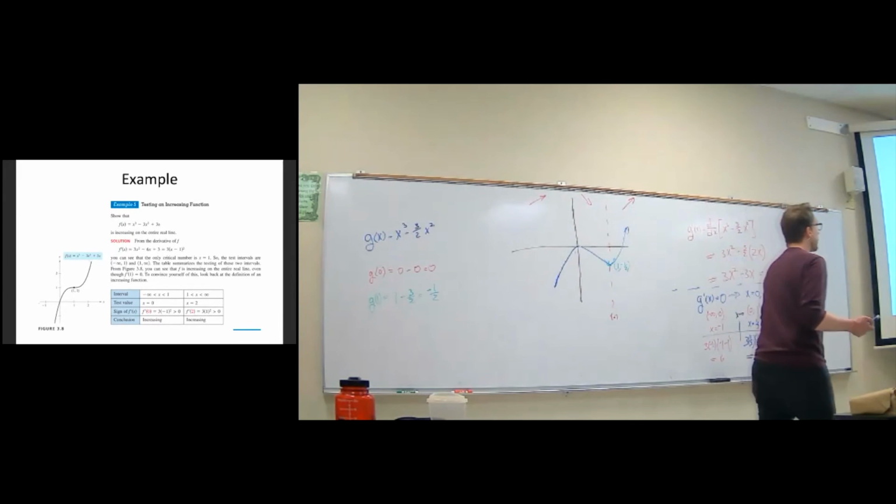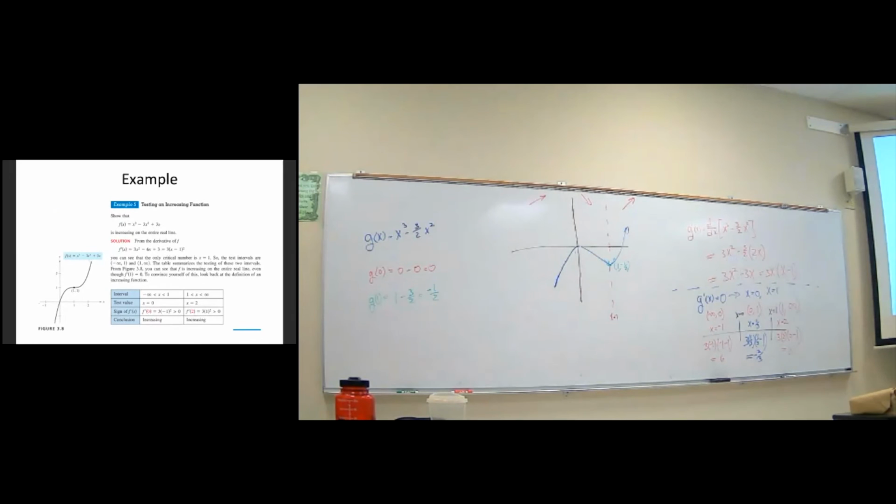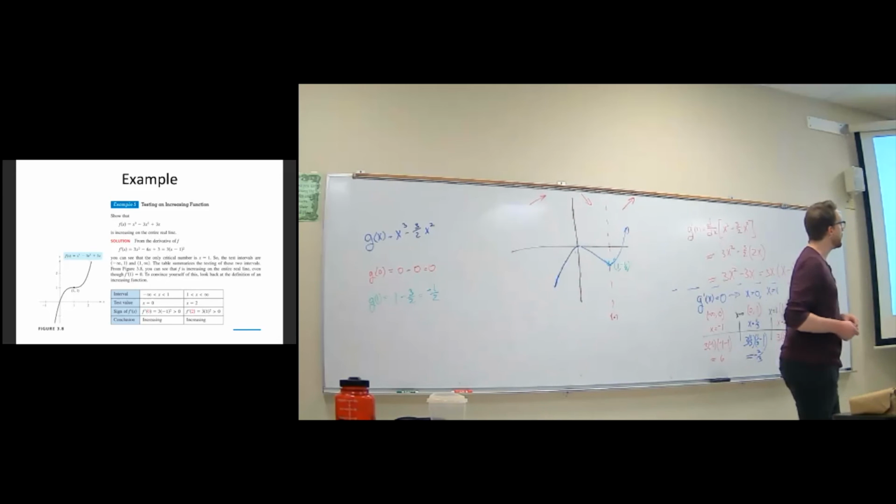The derivative of this thing, when we factor out 3, we find that this thing comes out to be 3 times x minus 1, that quantity squared. So that means we're only going to have a 0 in our derivative when x is equal to 1. This is the derivative of our original function.